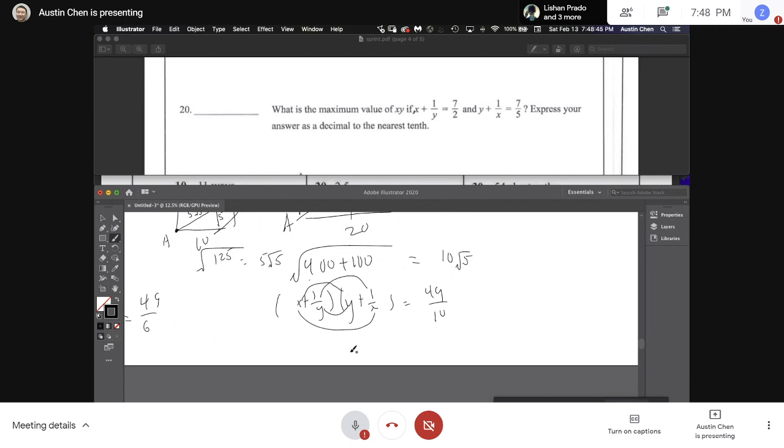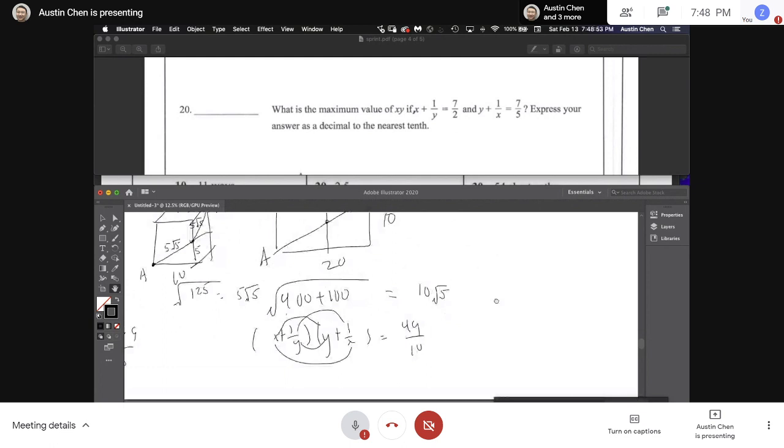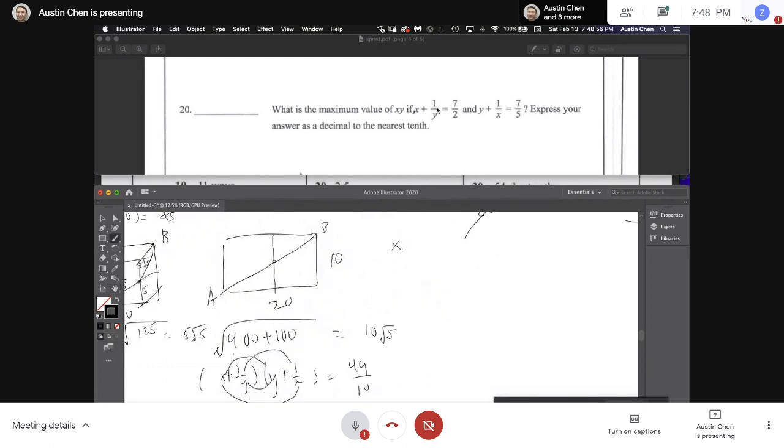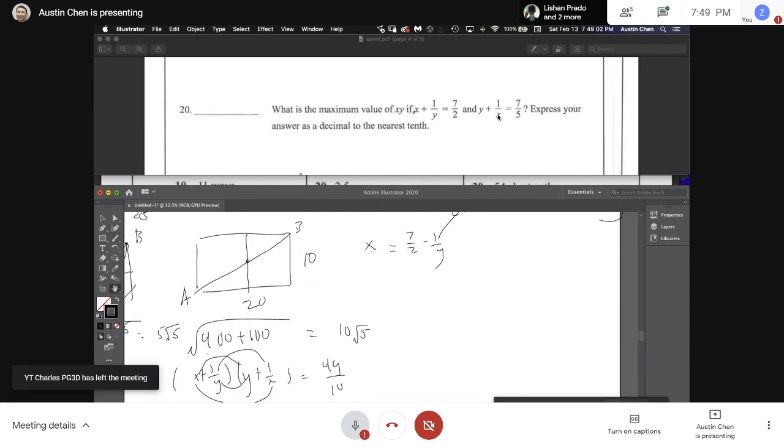And I'm not sure, there's another really good way to solve this. If from the first equation you say x is 7/2 minus 1 over y, and then you substitute this into the second equation, so y plus 1 over 7/2 minus 1 over y equals 7/5.